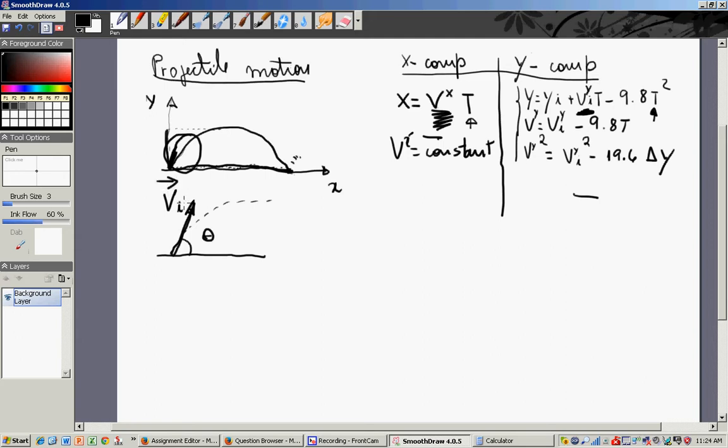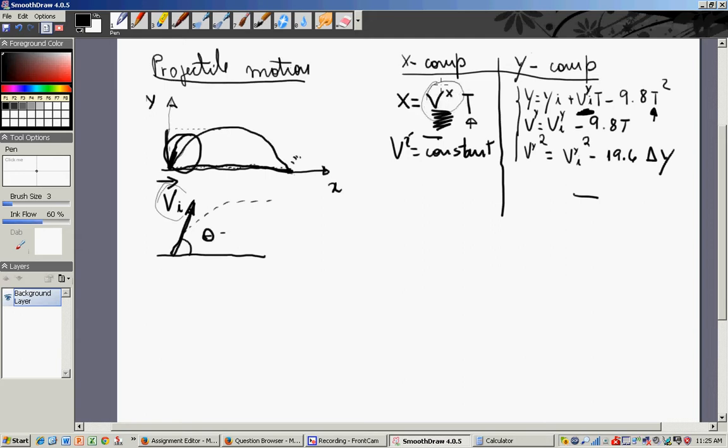So the first thing you do in this problem is to find out what is the value of your Vx and what is the value of Vy, both of them initials. How do you do that? Here is my initial velocity vector. In problems such as this, it is said, a football is thrown with an angle of 30 degrees with respect to the floor, with an initial velocity of 12 meters per second.